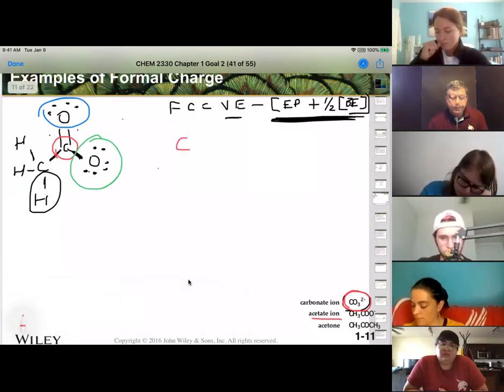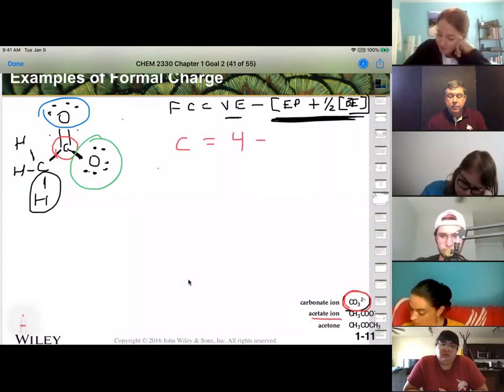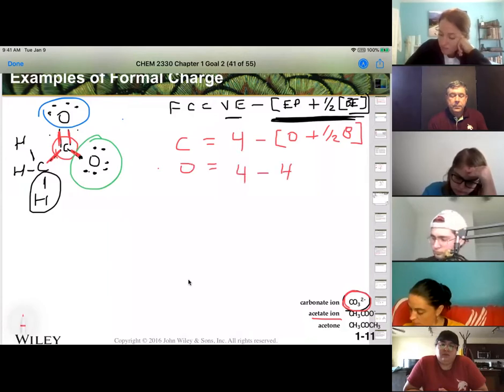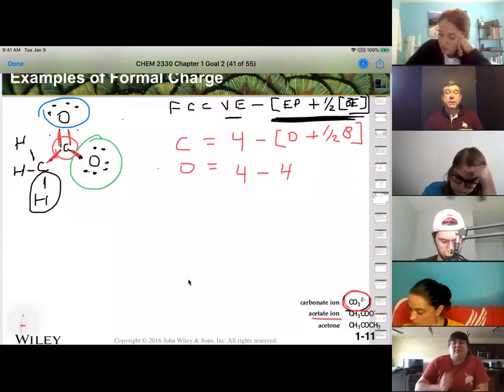We have 4 valence electrons because of where it is, minus no non-bonded electrons, so 0, plus 1/2 of 1, 2 for this bond, 1, 2 for this bond, 1, 2, and 1, 2, so a total of 8 bonding electrons. That gives us 4 minus 4, which is equal to 0. The formal charge on carbon is 0.